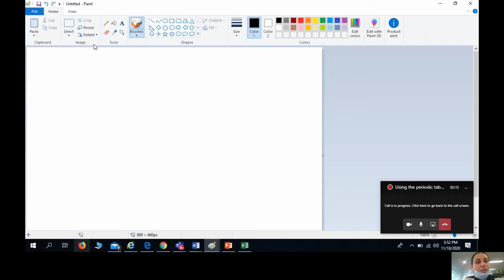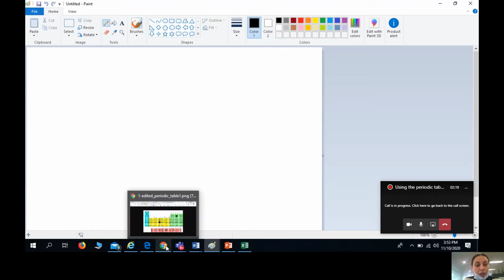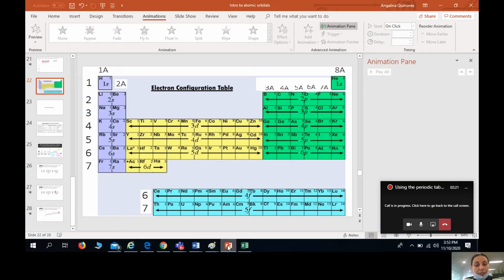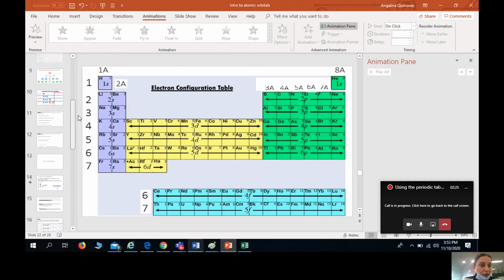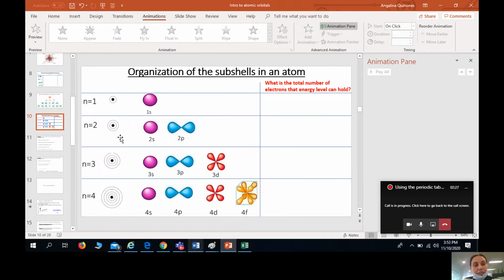In the past, what we've done is made orbital diagrams, and we've said, okay, the first orbital I know is going to be 1s. The reason I know it's 1s is because in the notes that I gave you all, there was a slide that said in the first shell, there's only one orbital, the s orbital, which can only hold 2 electrons. Therefore, the first orbital that we always start off with is 1s.